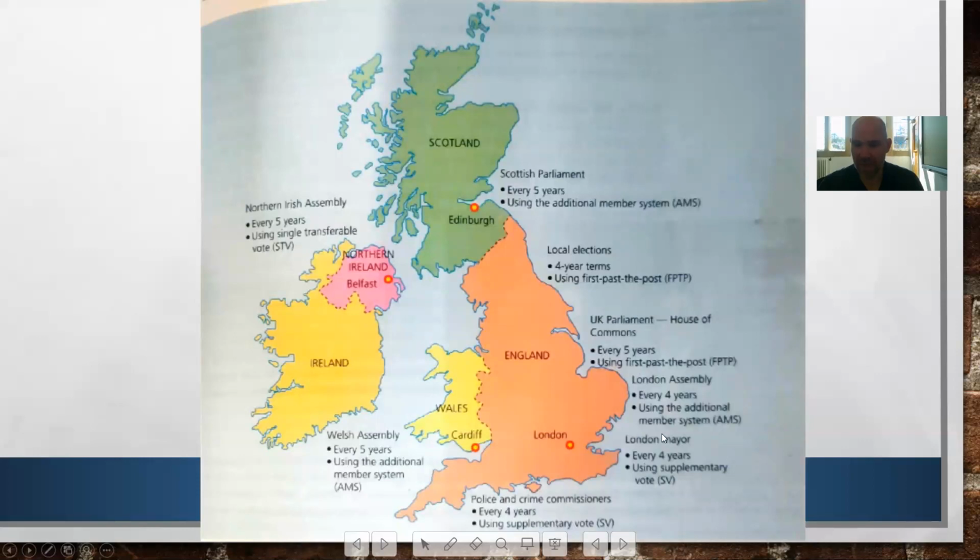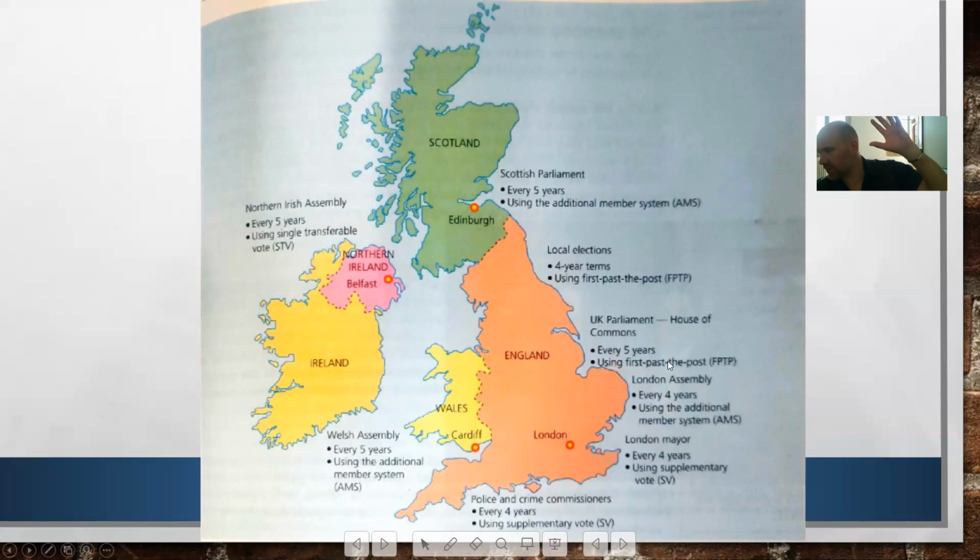The London Mayor, you're electing one person to be the Mayor of London, uses SV. Police and Crime Commissioners, where you're electing one person to be the Police and Crime Commissioner for that area, uses SV. Let's carry on round. The Welsh Assembly doesn't. The Northern Ireland Assembly doesn't. The Scottish Parliament doesn't. Local elections and House of Parliament, as we know, first past the post.